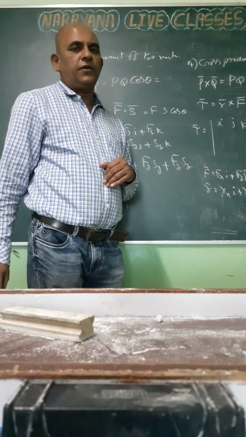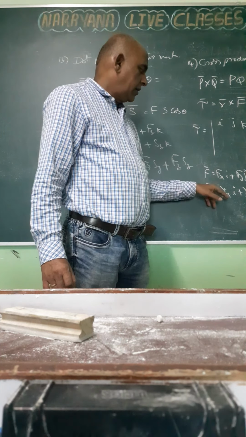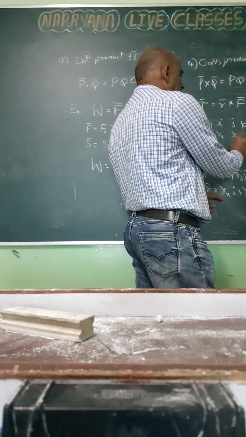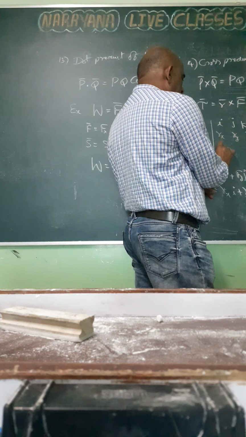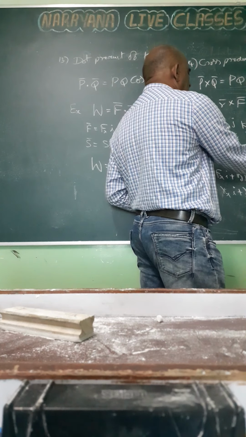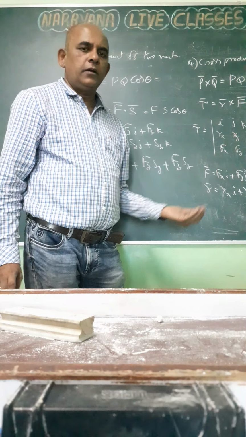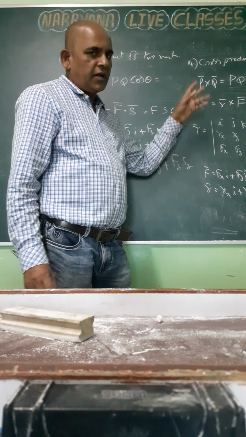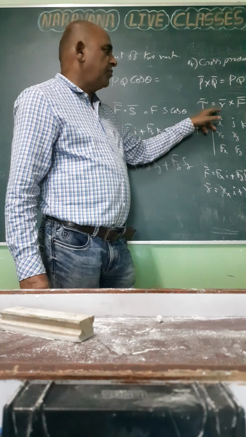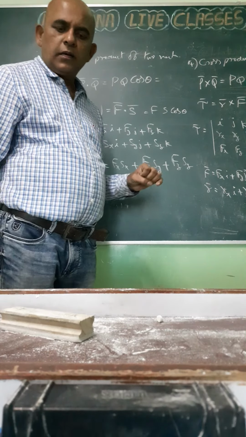These are the two vectors given, position vector and force vector. First you take the position vector's coefficients Rx, Ry, Rz. Next the F bar vector, Fx, Fy and Fz. Then we have to take the determinant of this. Already I think you know determinants, or at the time of discussing vectors we can see this. So this is a cross product. Example is torque tau bar is equal to R bar cross F bar. So 14 topics completed.